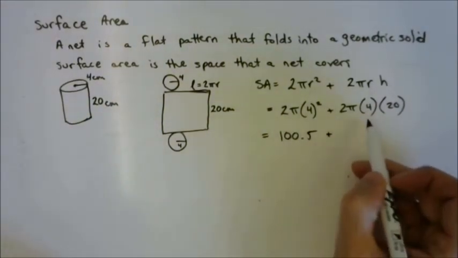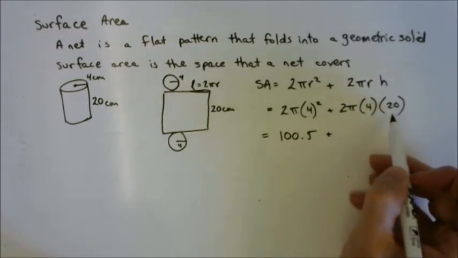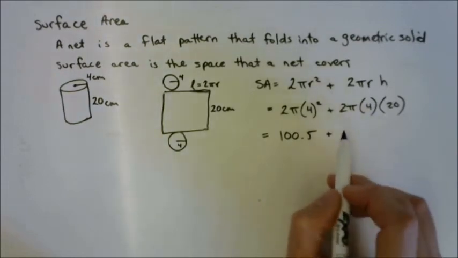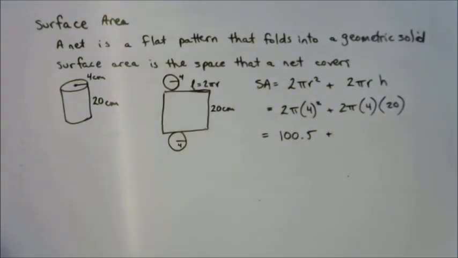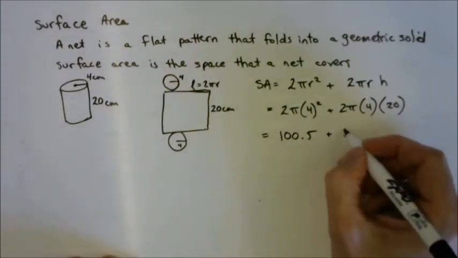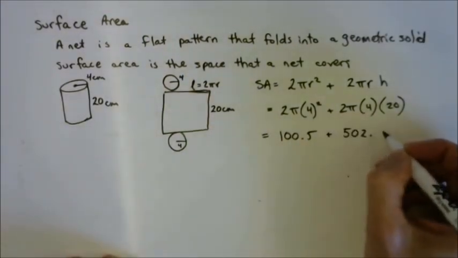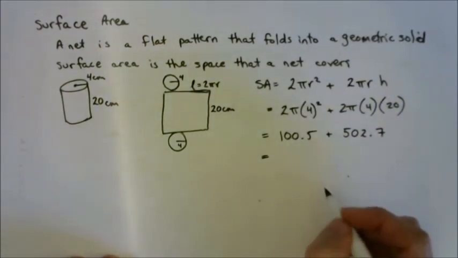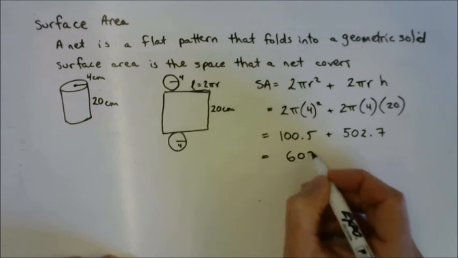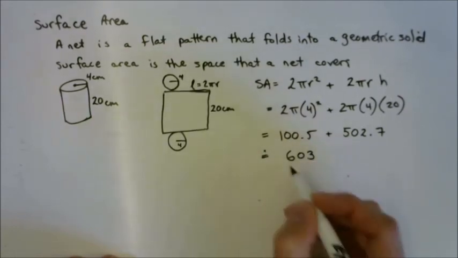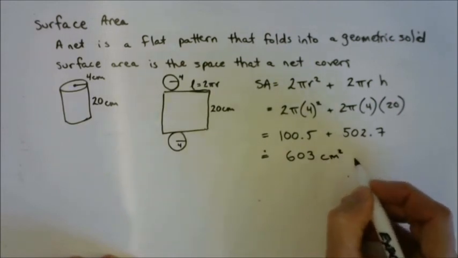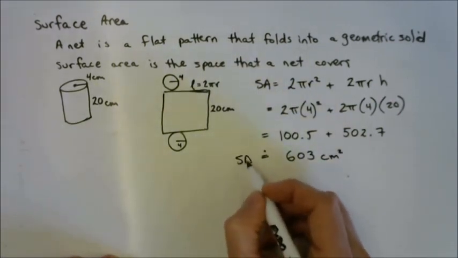And then this block: 4 times 20, which is 80, times 2, which is 160, and you need to do 160 times pi, which is 502.6. 502.7, and then we add those things up. We end up with approximately 603 centimeters squared.